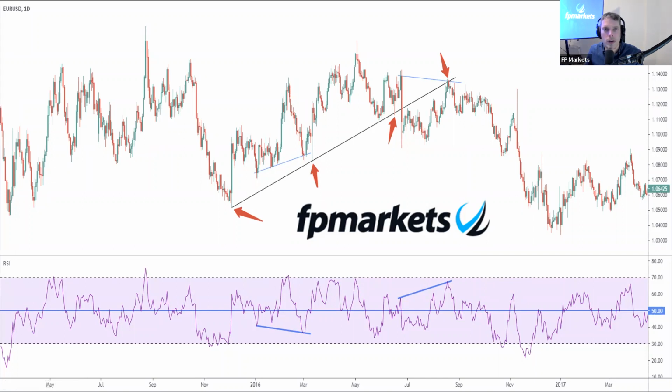Let me just draw one on for you so we know what I'm talking about. We can use the RSI trend line support. And then once price breaks that trend line support, we have a potential weakening of downside momentum. We also have support and resistance we can use. So yeah, you can look for patterns. I'm just trying to find a pattern. Yeah, I can't really find much in the way of obvious patterns right now.